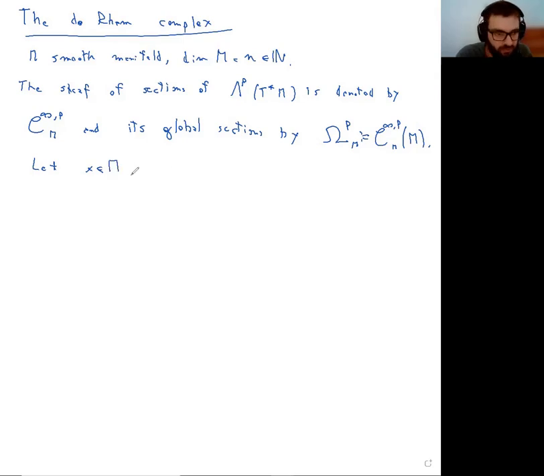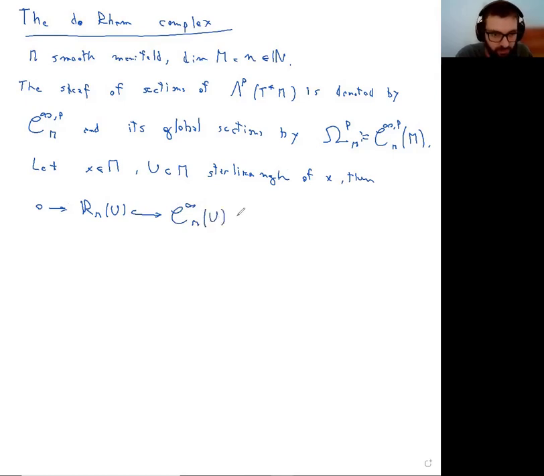And we know that if we take a point x and we take U a star-like neighborhood of x, then this sequence is exact. So here we have 0, here we have the sheaf of constant functions, locally constant functions, sorry, otherwise it's not a sheaf.